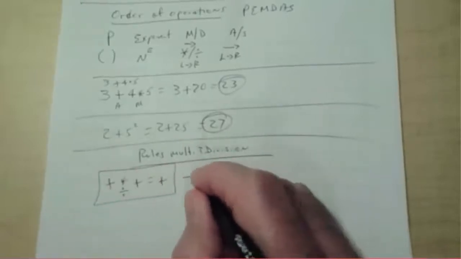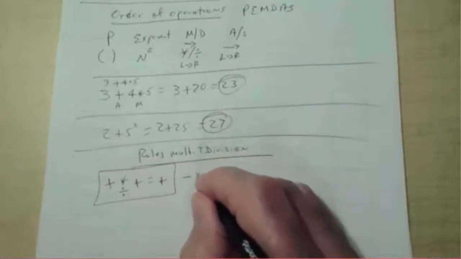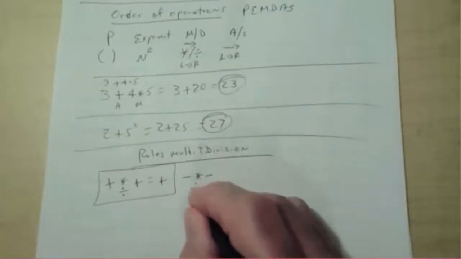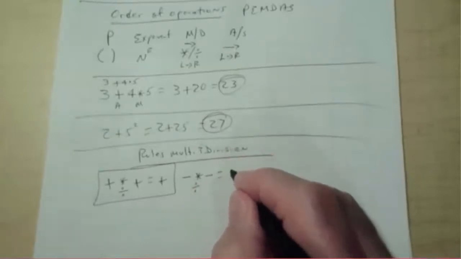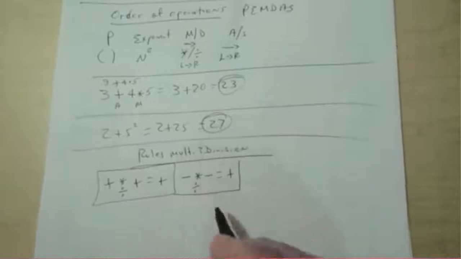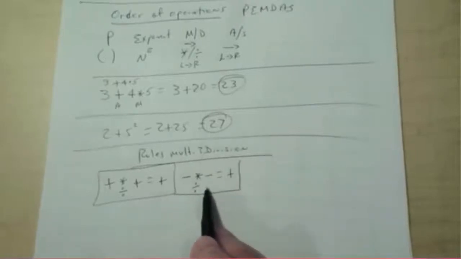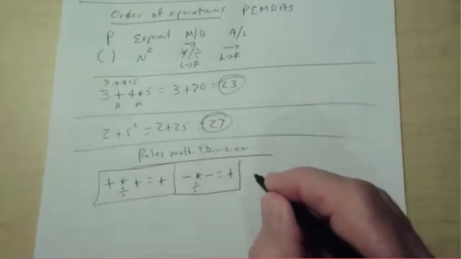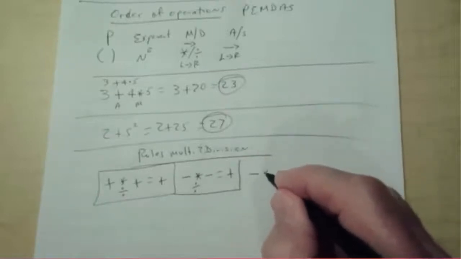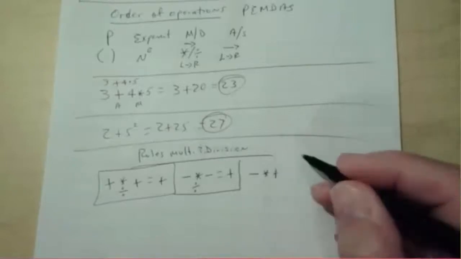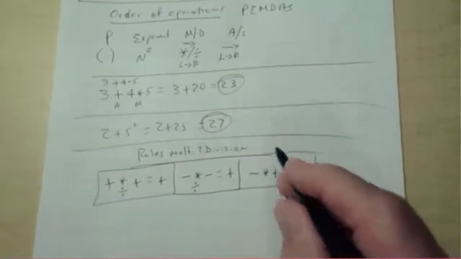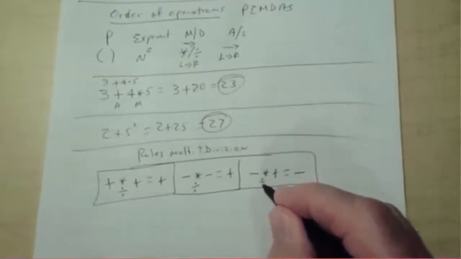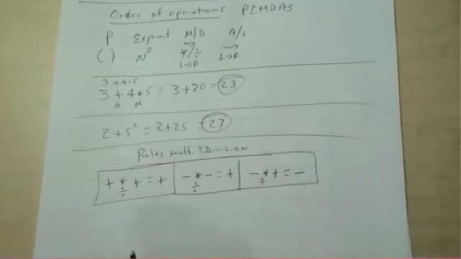Now, if you have a negative times a negative or divided by, remember the rules are the same, the answer is also positive. In other words, if the signs are the same and you're multiplying or dividing, the answer is going to be positive. Now, if one of the numbers is negative and the other one's positive, the answer will be negative. Multiply or divide. Okay, very important.